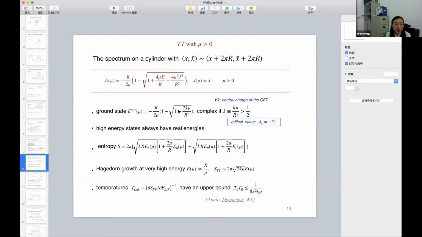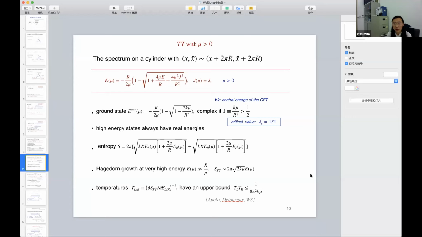So if we plug that into this deformed energy, we'll see that if the deformation parameter is too large, namely this dimensionless combination of the deformation parameter is greater than a half, then the ground state energy after the deformation would become complex.